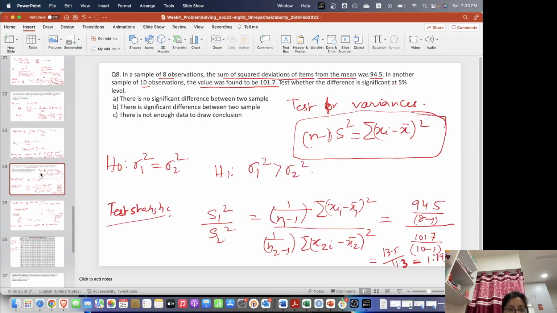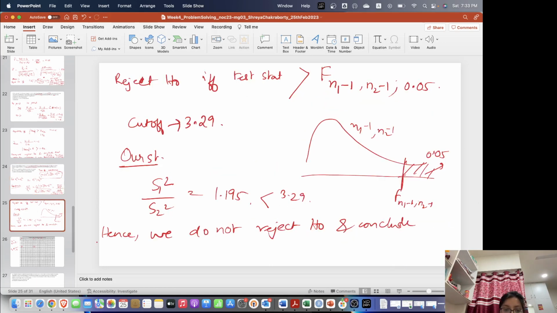What was the conclusion? There is no significant difference between two samples.